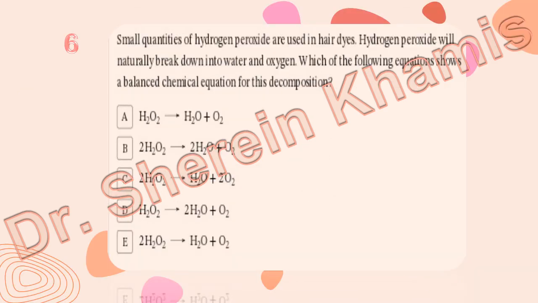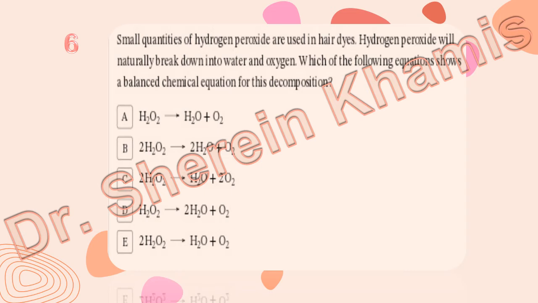Question 6 says that small quantities of hydrogen peroxide are used in hair dyes. We have some dyes that we use in our life. Hydrogen peroxide will naturally break down into water and oxygen. Which of the following equations shows the balanced chemical equation for the decomposition? We have hydrogen peroxide, its symbol is H2O2. We took it in the previous year also.